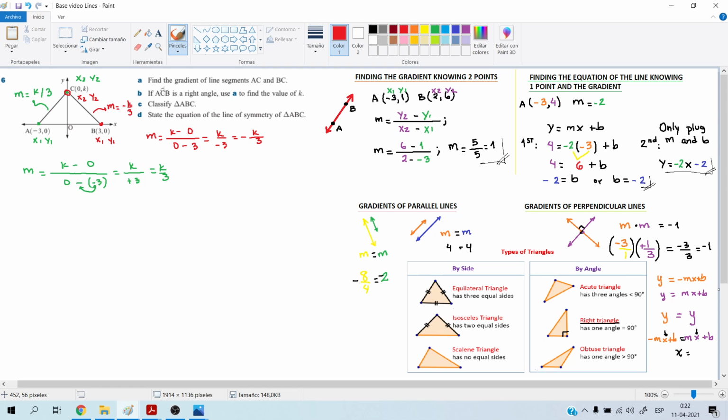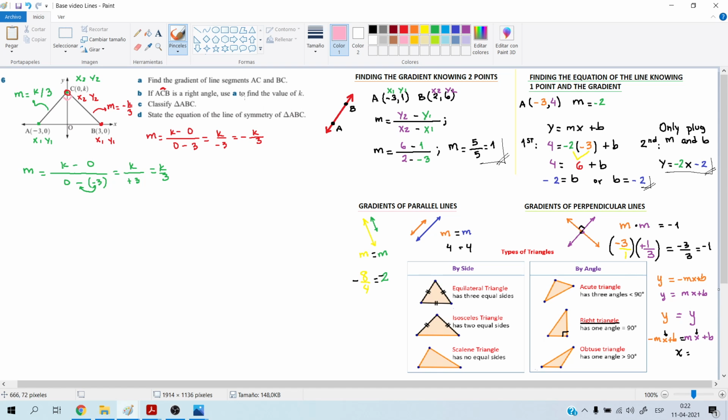If ACB, C has this house, this roof on top of it, right? That's the angle, whatever they say, we have to use it on this letter because it has this cap here. It's a right angle. So we know that our right angle is going to be here at C, okay? If ACB is a right angle, use A to find the value of k.